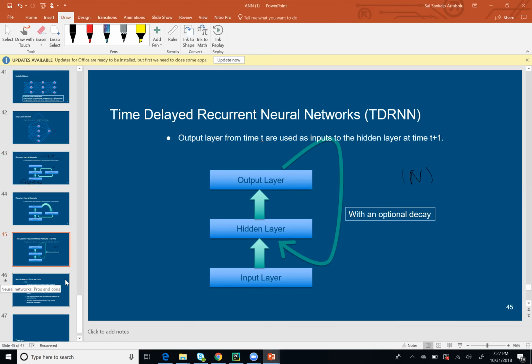We will look at them later on. Questions on recurrent neural networks? No questions?